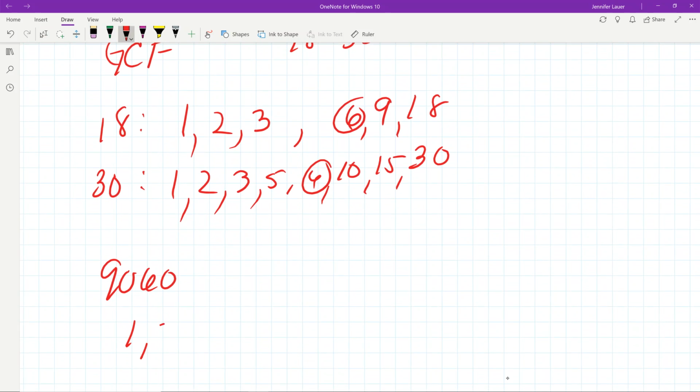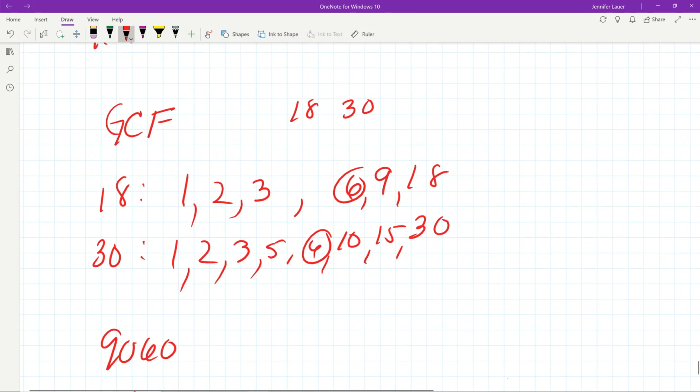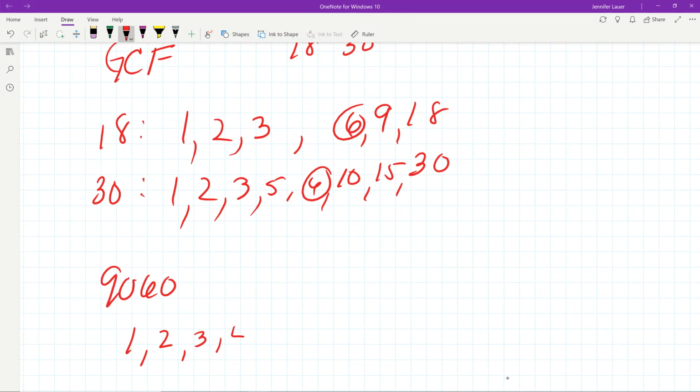Well, it's a 0, so 2 can go into it. 3 can go into it if the sum of the digits can be divided by 3. 9 plus 0 plus 6 is 15, so that works. 4 if the last 2 digits can be divided by 4, so 4 can go into 60 15 times, so that works. 5 if the last digit is 0 or 5, so that works out.